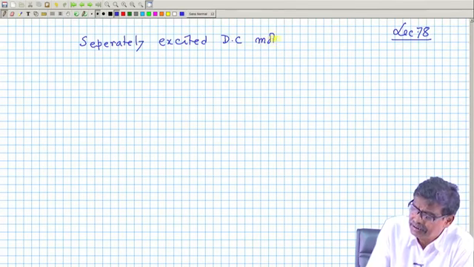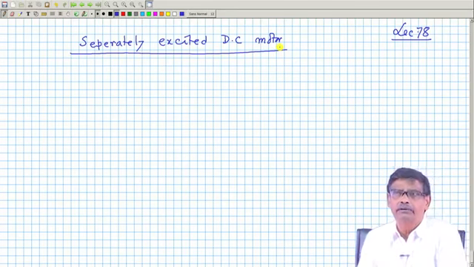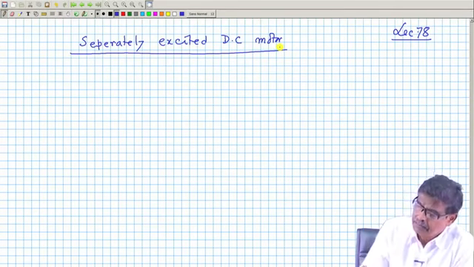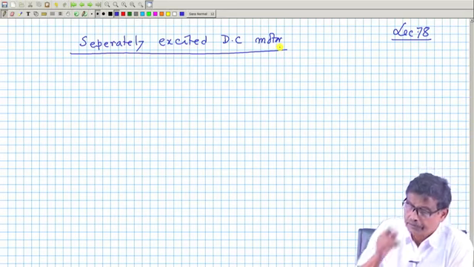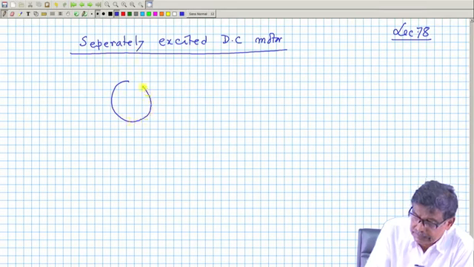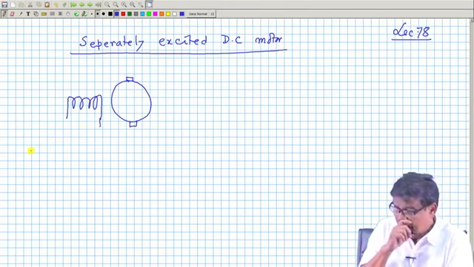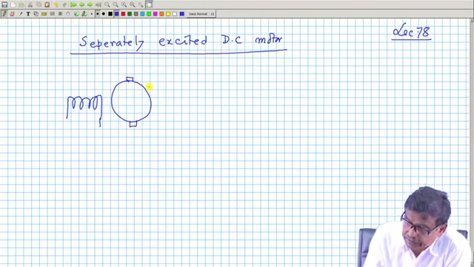As I told you, generators are nowadays not so popular with DC, but motors are still in use. And this is the diagram, and this is the field winding. Let us try to understand what I am telling.